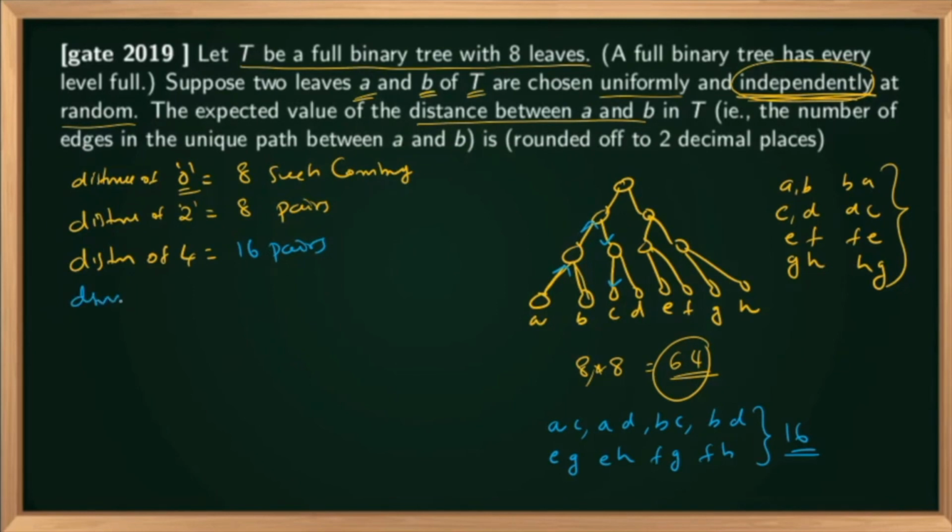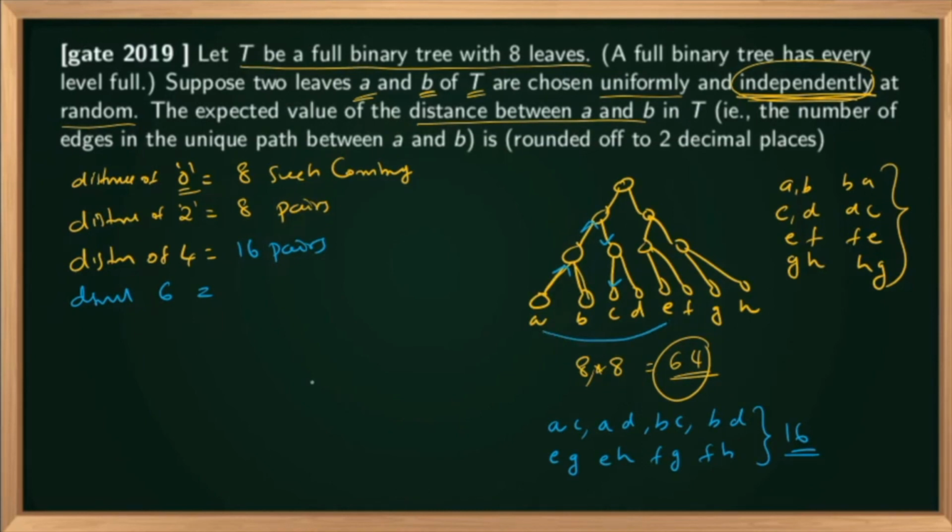Then what about distance 8? Sorry, distance 8 will not be there. Distance 6, right? AE is an example with distance 6.